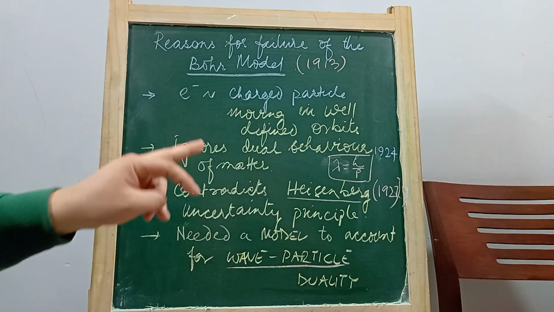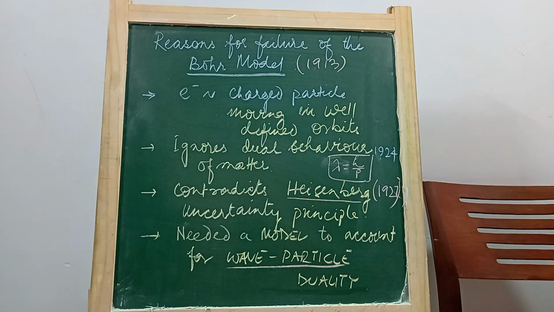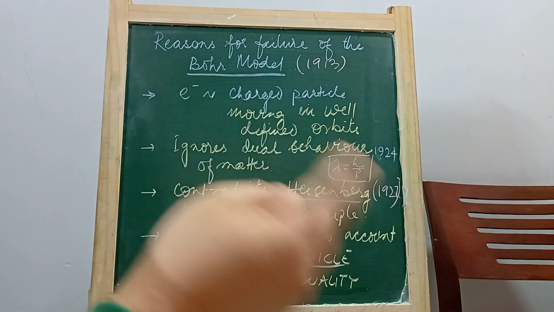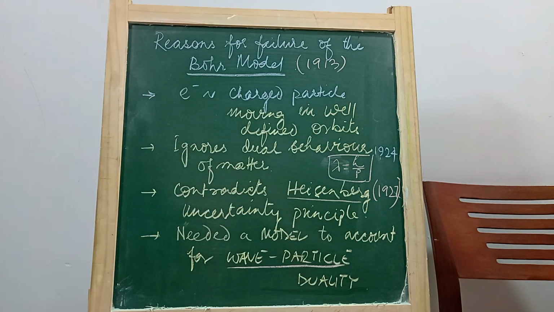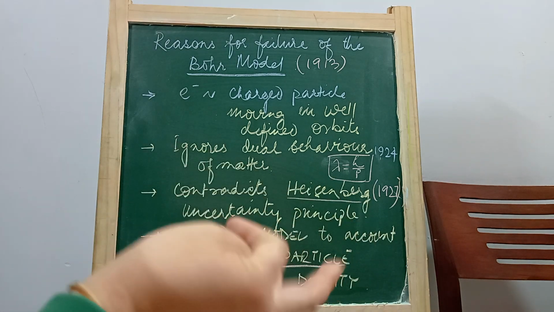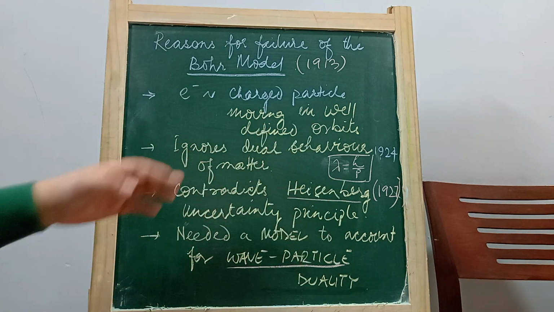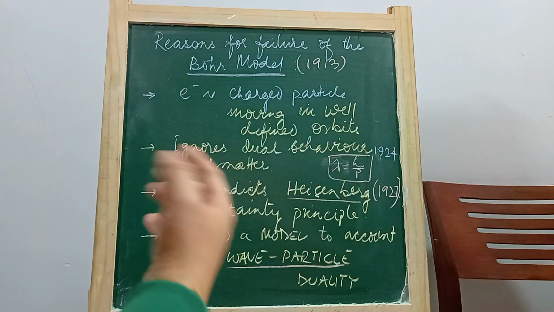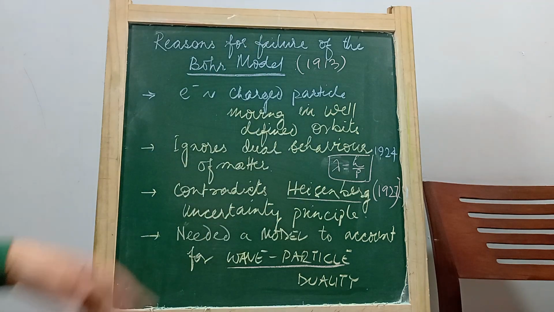The Bohr model also contradicted the uncertainty principle proposed by Werner Heisenberg in 1927, which says that it's impossible to calculate the position and the velocity of an electron at the same time precisely. So that means Bohr was able to calculate both the position and the velocity, which according to Heisenberg is impossible.